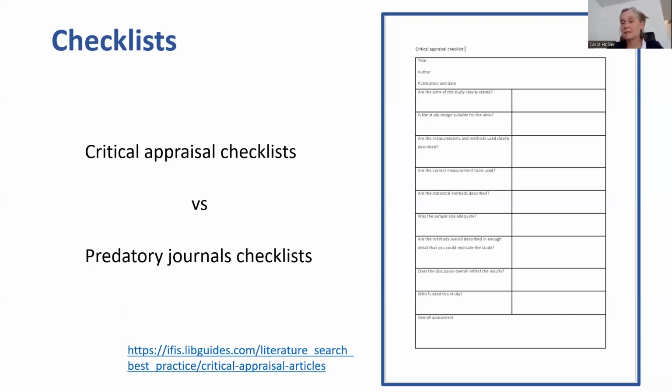But it's assuming that it's published in a legitimate journal. So it's assuming that the article has been peer reviewed. And so a predatory journals checklist takes a step back, and it's not assuming any of that. So this critical appraisal checklist would not necessarily be sufficient to catch something that has been published but looks fine in a predatory journal.